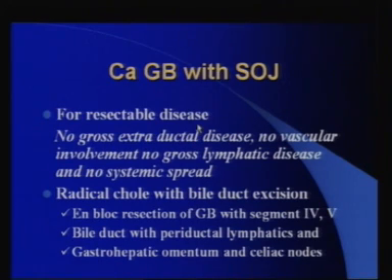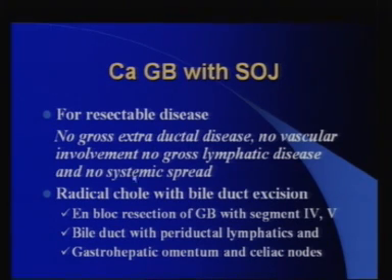For a resectable disease, there should be no gross extraductal disease. That means the disease should be within the biliary tract. There should be no vascular involvement of the portal vein or the inferior vena cava. There should be no gross lymphatic disease, and no systemic spread. So these criteria should be met when you plan to do a radical cholecystectomy.